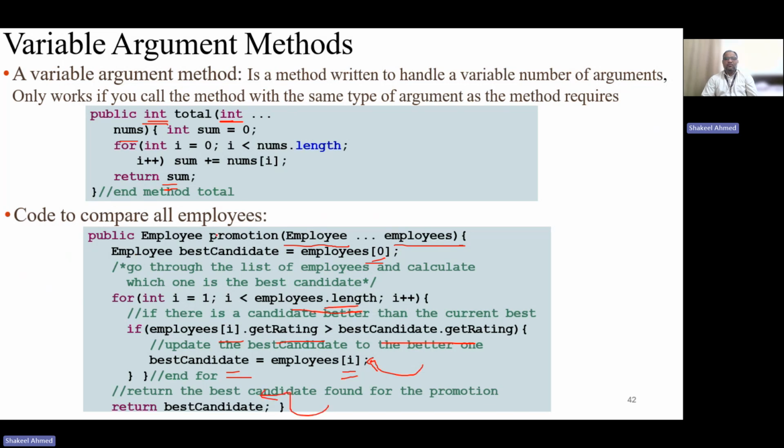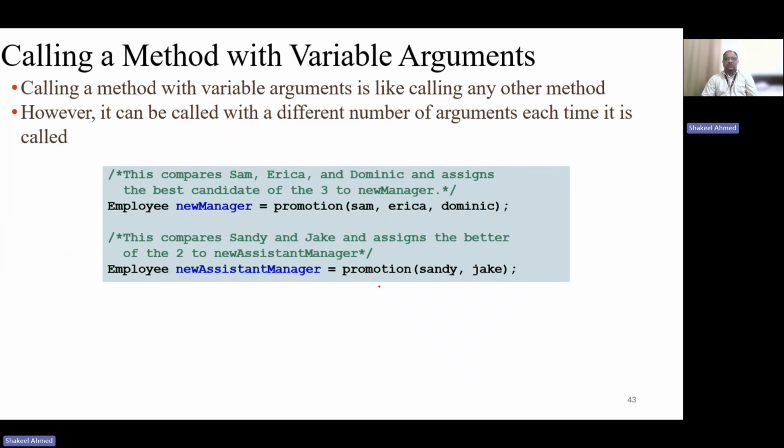That's how the employees can be compared from the Employees class. You previously saw how the method calls the return type. Even if you want to check for 3 different people, you can use it. Even if you want to do it for 2 people, you can, because it depends upon the array size, as we said, how many times you are calling it.